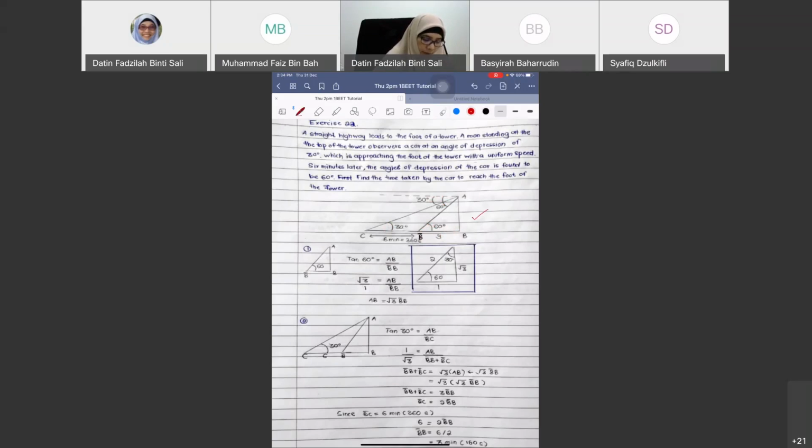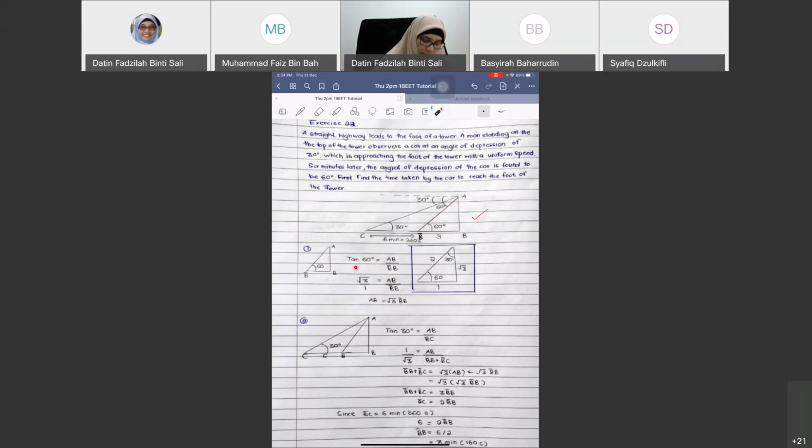First, you find AB from here. You are looking at this triangle for tangent 60.